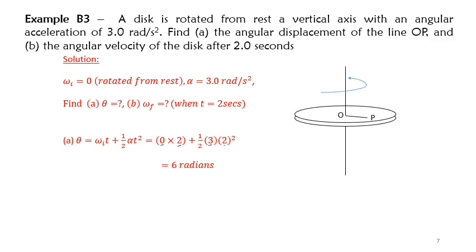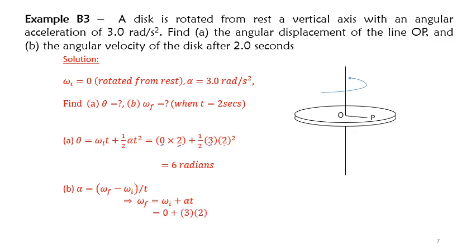6 radians. Then for the second one, the expression alpha equals the rate of change of velocity with time. That is, the angular acceleration is the rate of change of the angular velocity with time. From there, you can make the final angular velocity the subject of the formula. So you have omega subscript f equals omega subscript I plus alpha t.